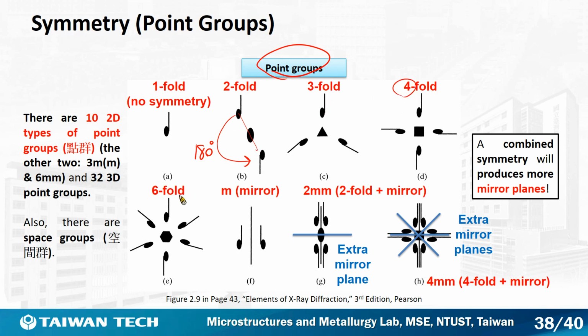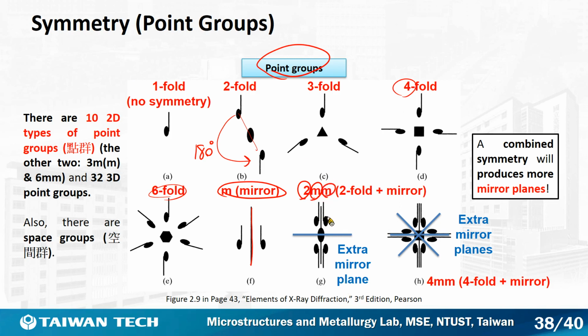And 3-fold, 4-fold, 6-fold, and then for mirror, this is a mirror plane, right? And this is 2mm. It means 2-fold plus mirror. So this is the 2-fold, and it will show extra mirror planes.